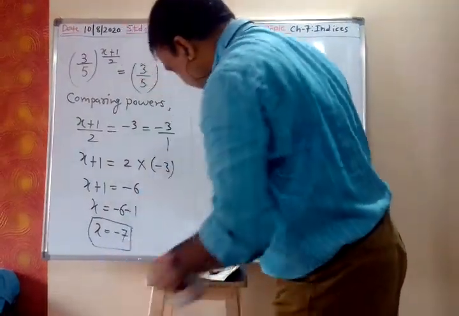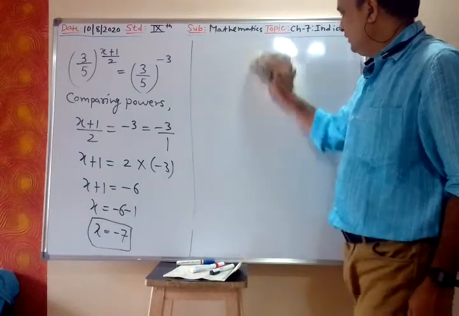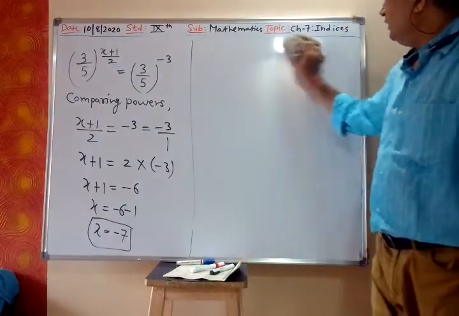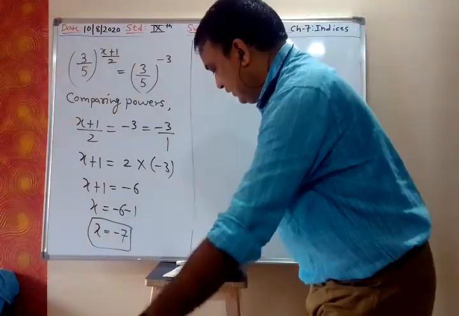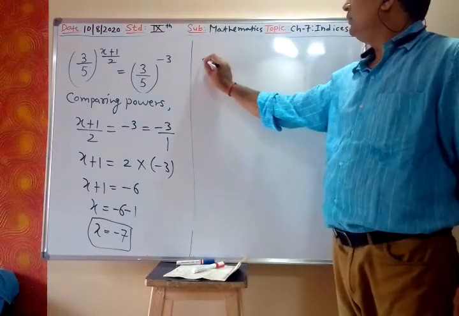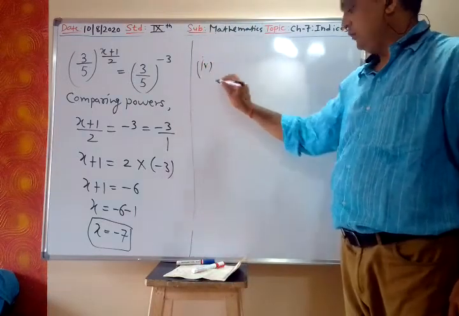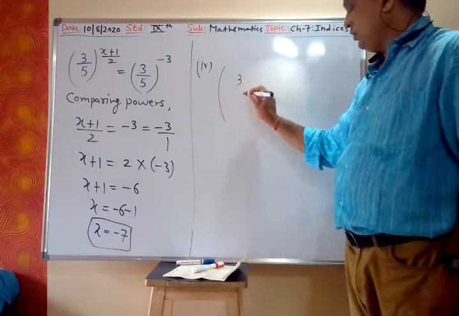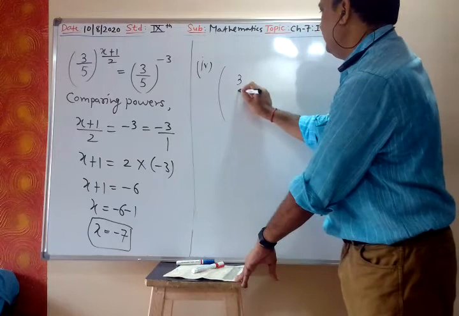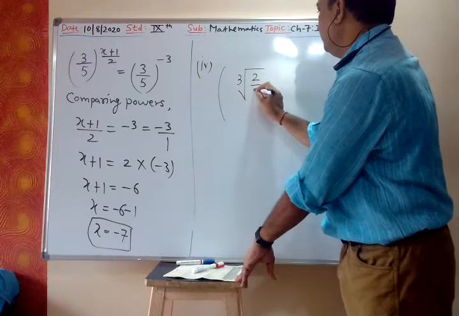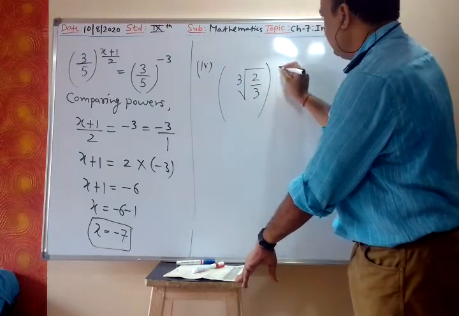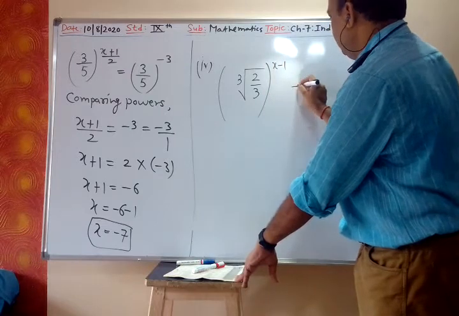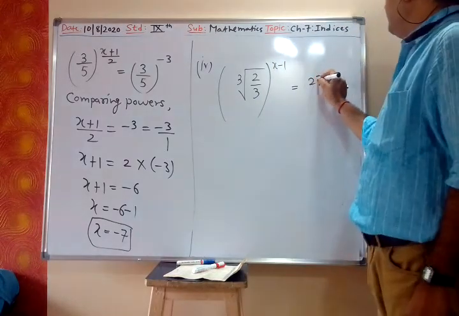Fourth one. Cube root of 2 by 3, raised to x minus 1, is equal to 27 by 8.